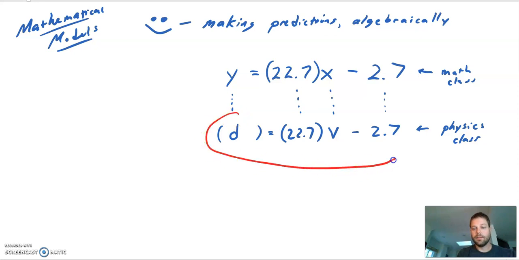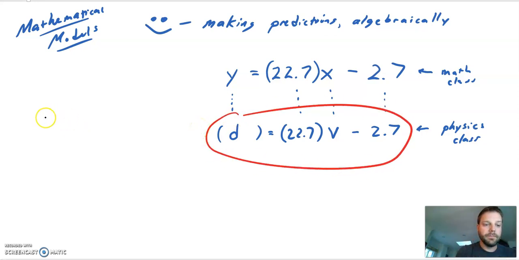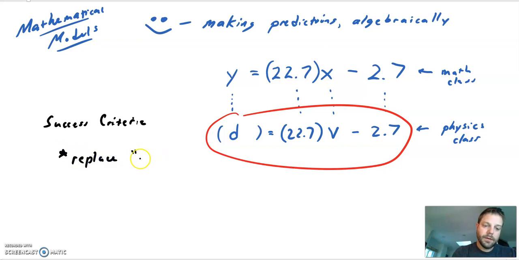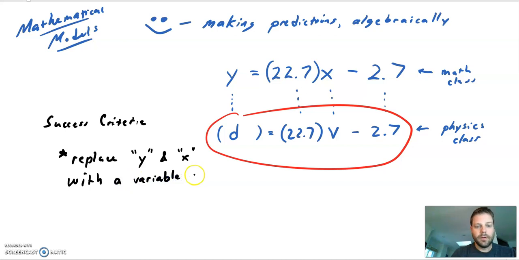So we want this. Okay, the success criteria: we are going to replace y and x with the variable for what is on each axis.